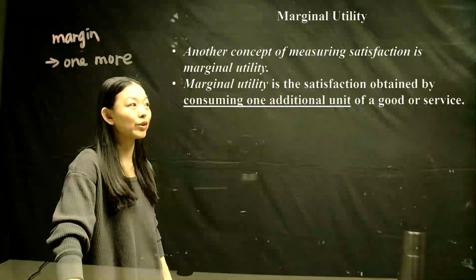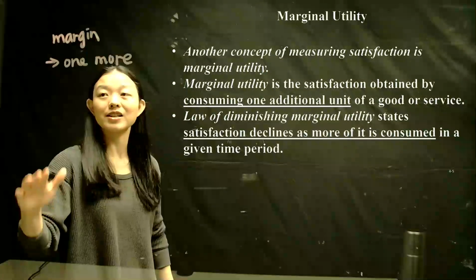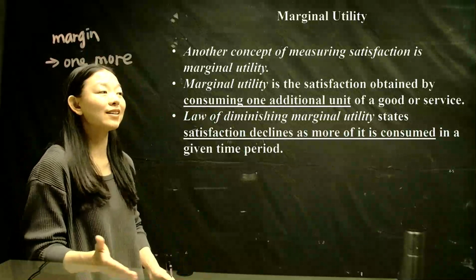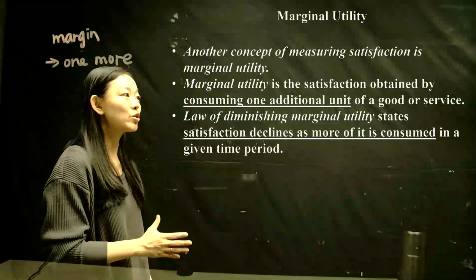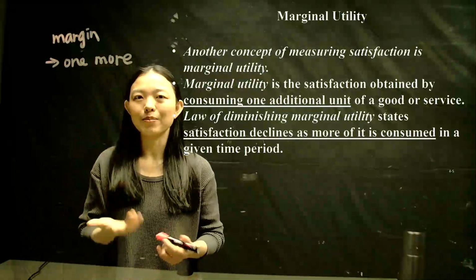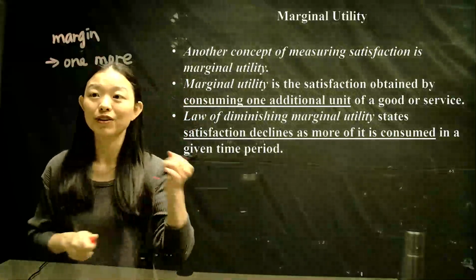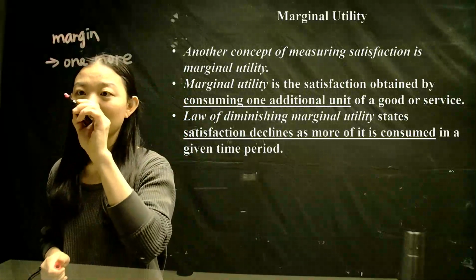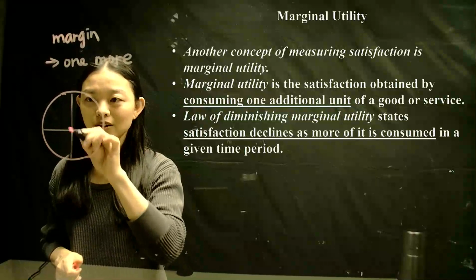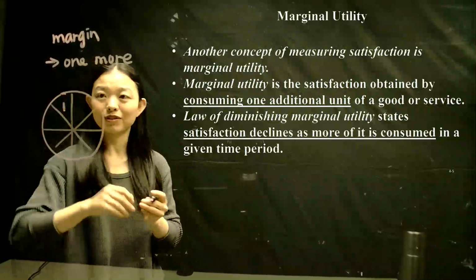There is an important law regarding marginal utility, that is diminishing marginal utility. It describes how satisfaction declines as more of a product is consumed in a given period of time. You can think about an example: you are very hungry, and you eat the first slice of a pizza.